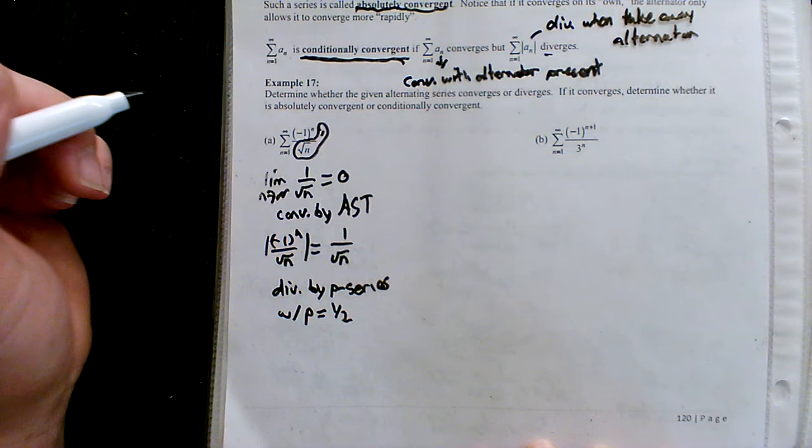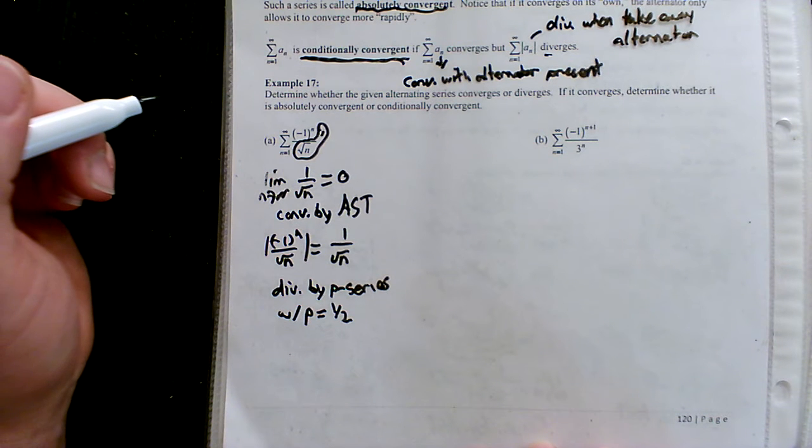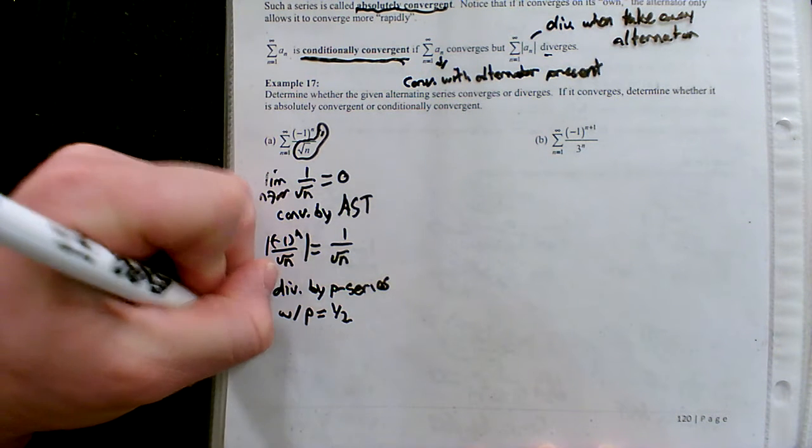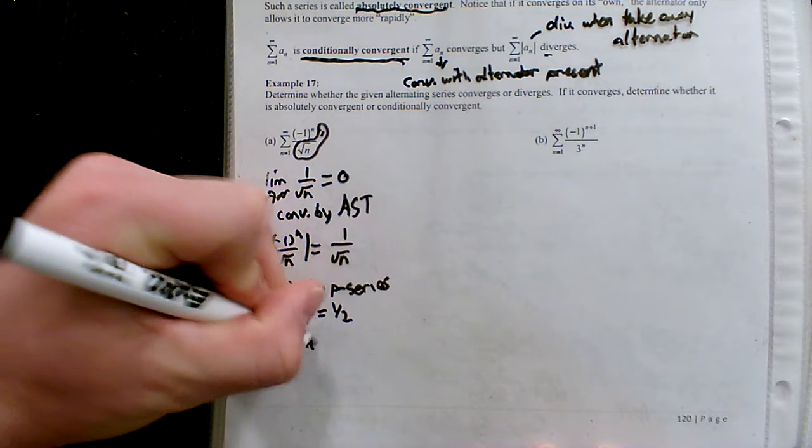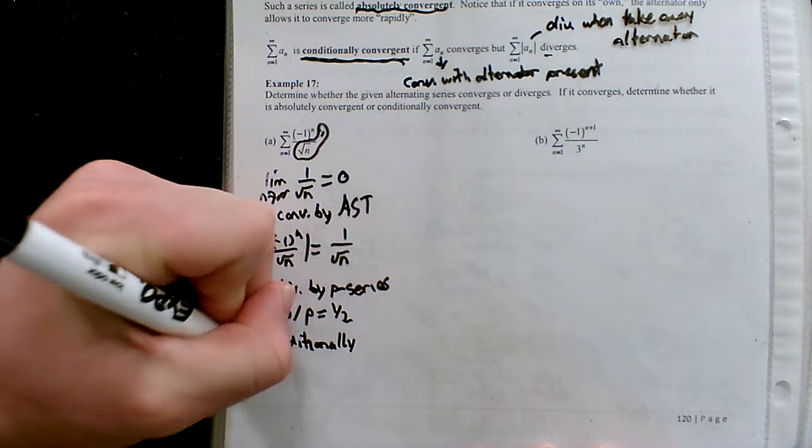So is it conditionally convergent or absolutely convergent? Yes, conditionally. Very good. So after seeing that example, does that make a little more sense on what we're talking about there with absolute versus conditionally?